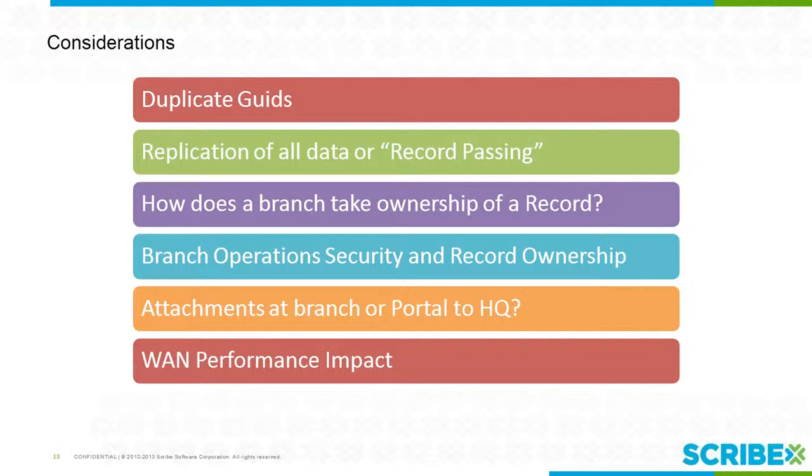So you have to build either some external system, or Scribe has the ability to manage cross-reference tables internally. But a really big, important part of this is understanding the different security models that might be out at your branch locations.